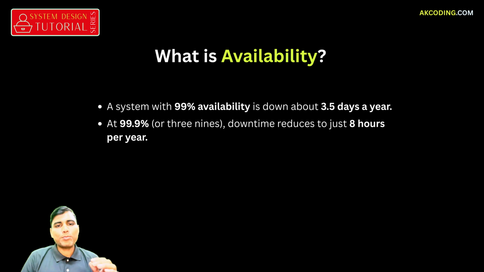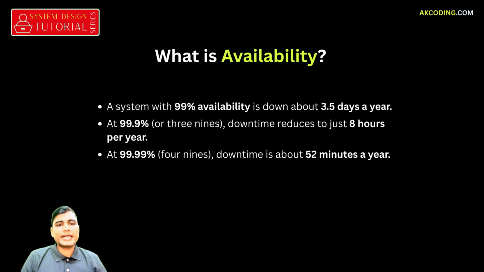At 99.9%, that is 3 nines, downtime reduces to just 8 hours per year. At 99.99%, that is 4 nines, downtime is about 52 minutes a year. That's why big tech companies chase those extra nines. Every minute of downtime means loss of revenue and unhappy customers.